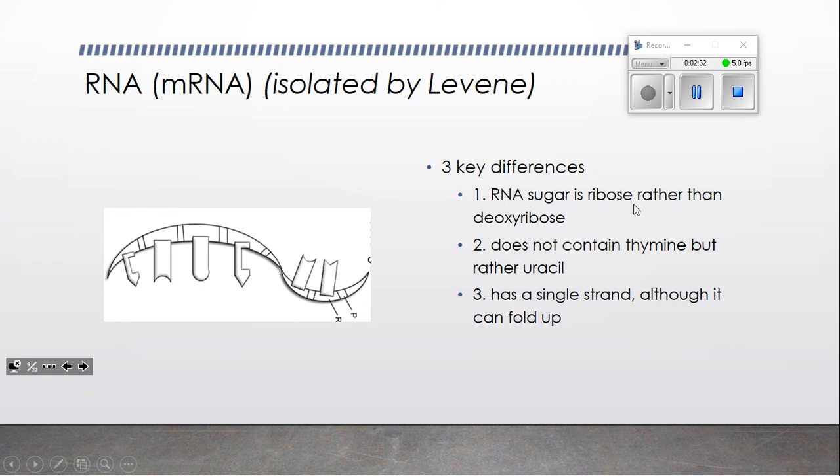There's no T in RNA. But rather, it has a slightly different nucleotide called uracil. It looks just like the other nucleotides, phosphate, sugar, nitrogen base, but the nitrogen base is uracil instead. Okay, so same basic structure, but a different nitrogen base.